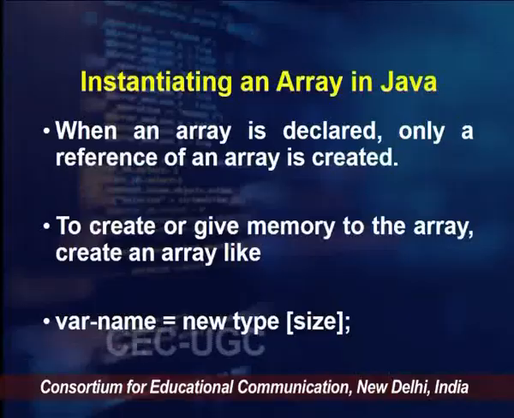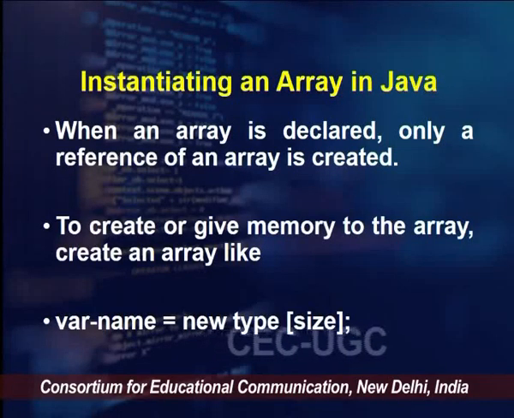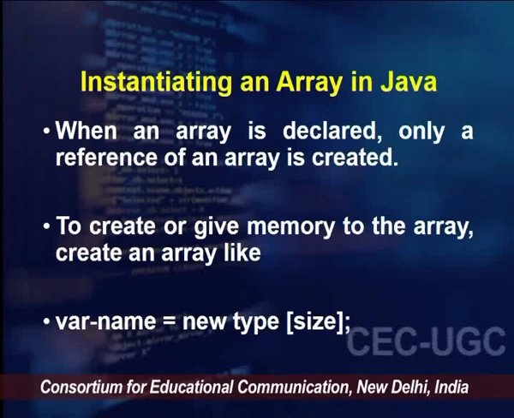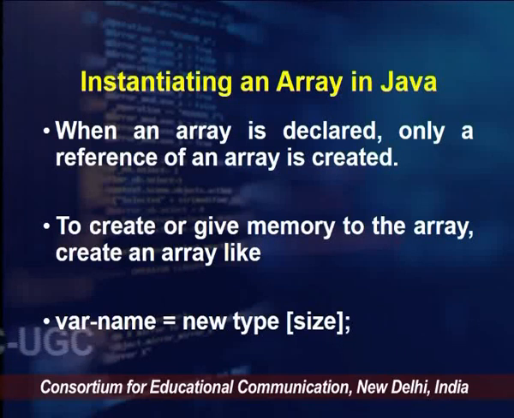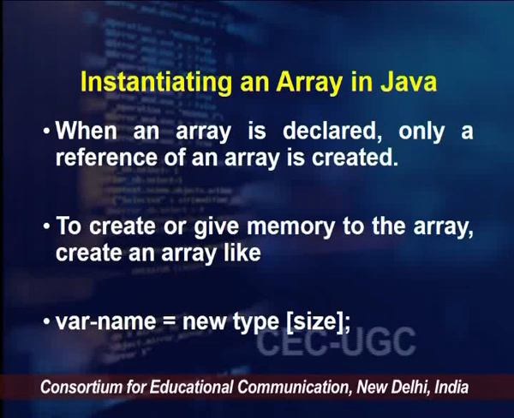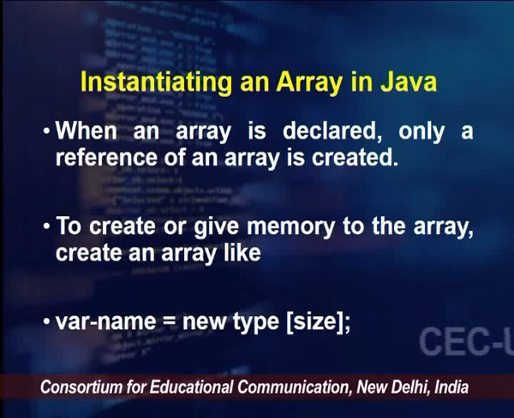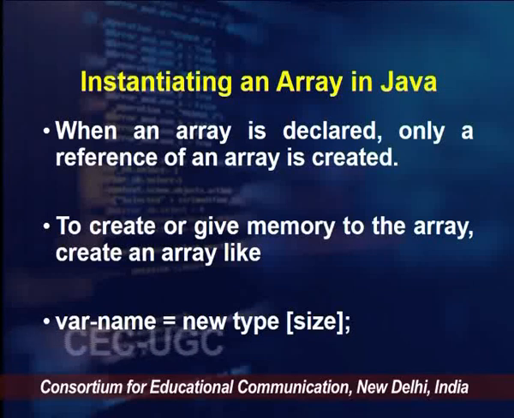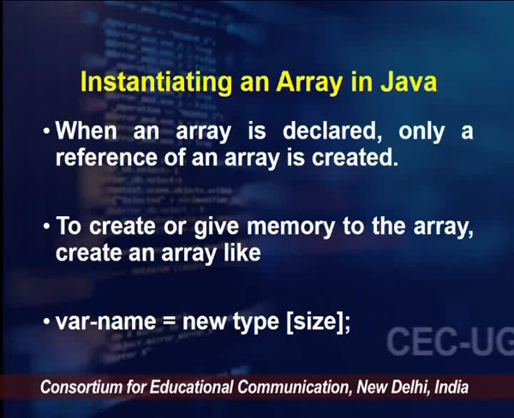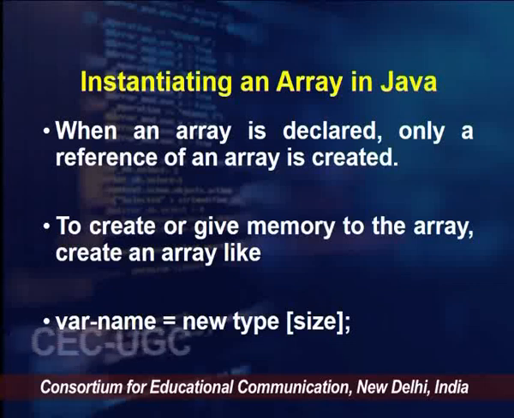So, here we can write int days, then square brackets, and then days equals new int and then the size. So the variable name, which is days, because we have already declared one array with the name days, and it is of integer type. So the variable name here will be days, equals new, which is a keyword, and then the type, which is int, and the size.